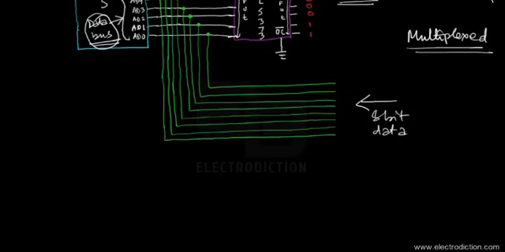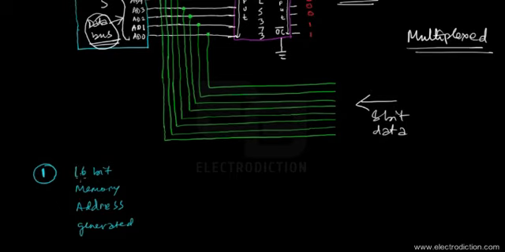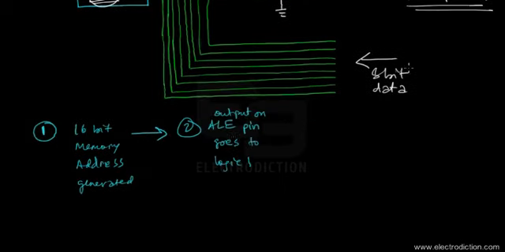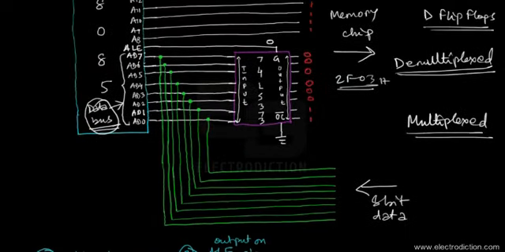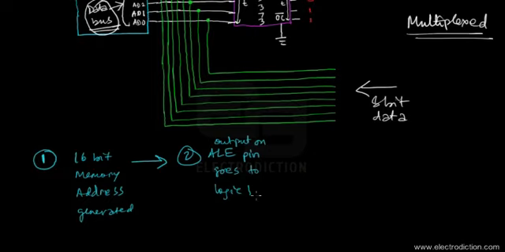So we can summarize it over here. Step 1: the 16-bit memory address is first generated. Step 2: we have the output on the ALE pin. The ALE pin's output goes to logic 1 state.